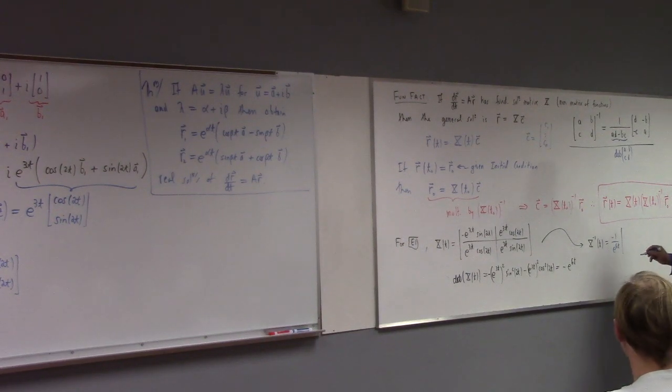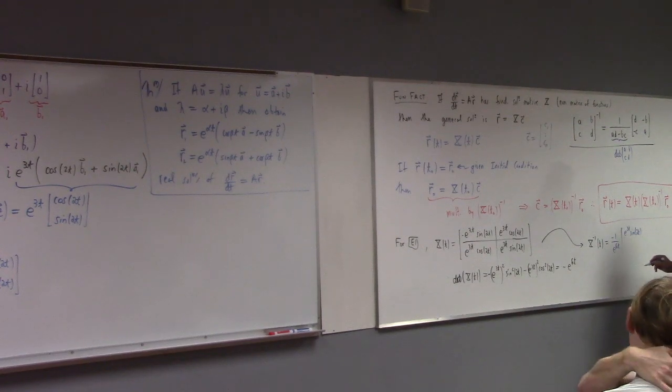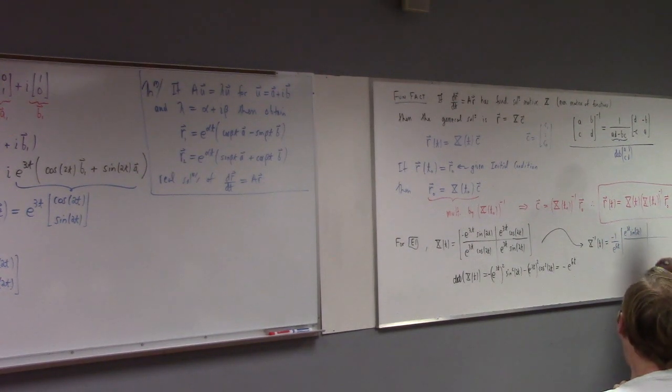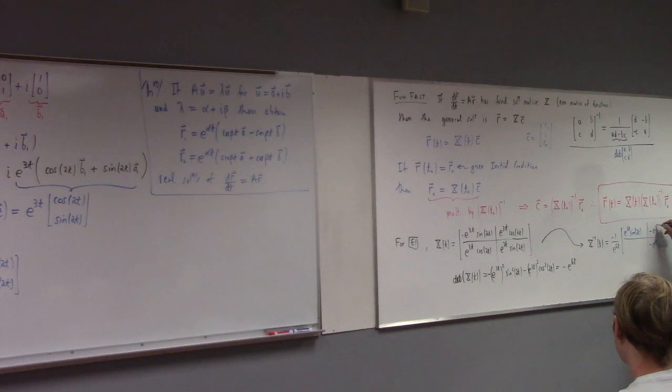And then I just have to flip the diagonals. So I've got e to the 3t sine 2t and minus e to the 3t sine 2t. The minus is on the off diagonals, so minus e to the 3t cos 2t, and minus e to the 3t cos 2t.